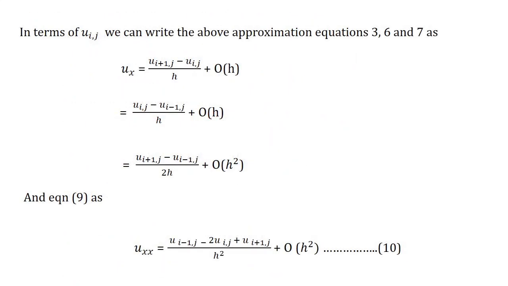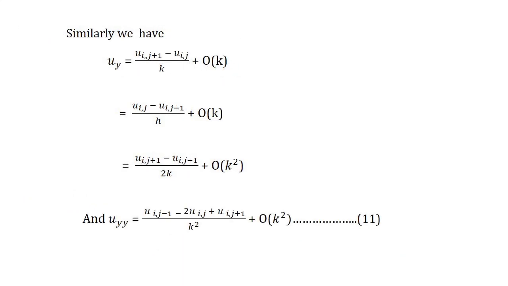Considering u(x,y) as u_ij, we can rewrite the approximation equations for u_x and u_xx in terms of u_ij as shown here. Similar is the case with u_y and u_yy.